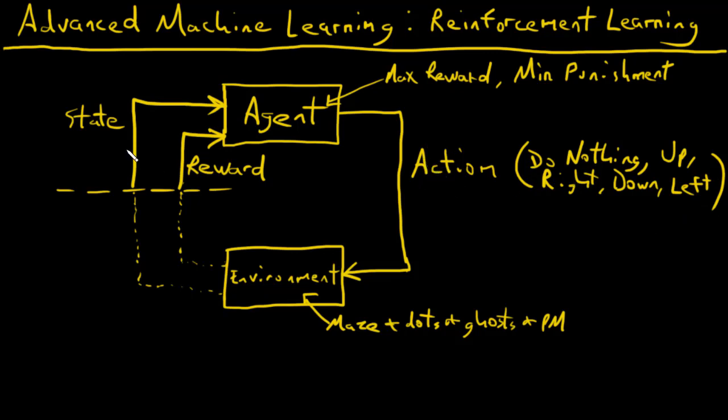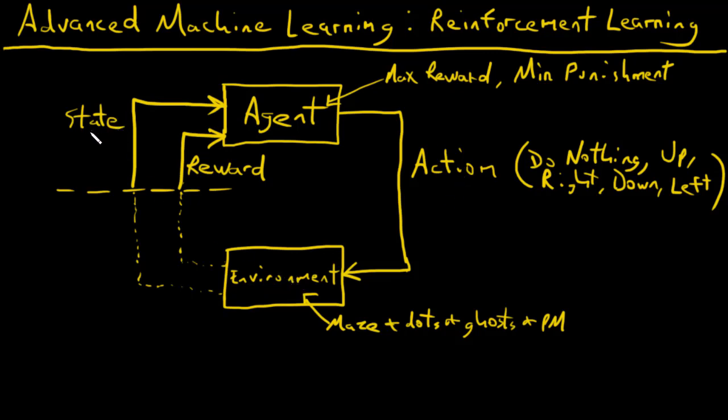Now, let's talk about the state. We'll save the reward for last. So what the state is, it's the state of the environment. Okay? The environment sends a snapshot to the agent. So the state is what's used by the agent to determine the action within the environment.